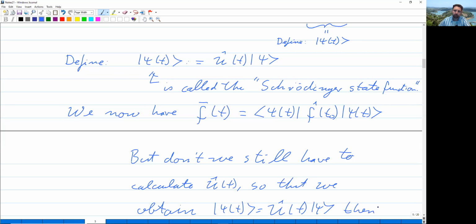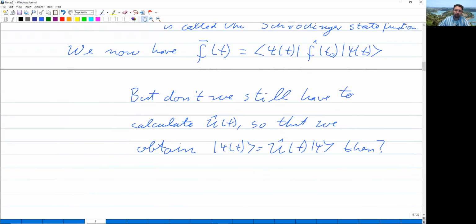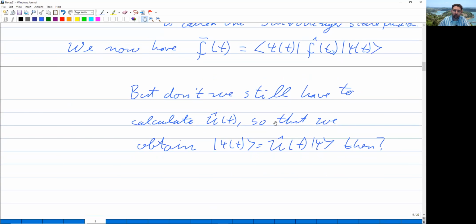Then, if that were the case, then we would not have gained anything. I mean, certainly we can do it this way. We can calculate the time evolution operator, then use it on psi to obtain psi of t, and then we can calculate all observables this way, but no benefit because we would have to calculate the time evolution operator. But our aim has been to simplify things, that we don't have to solve for the time evolution operator, but instead just solve a vector valued equation.